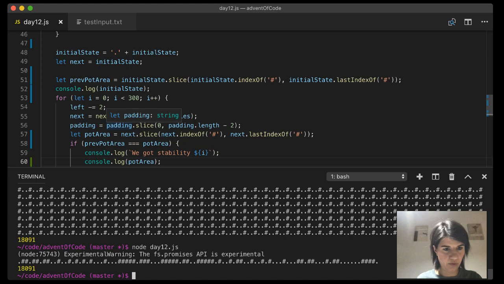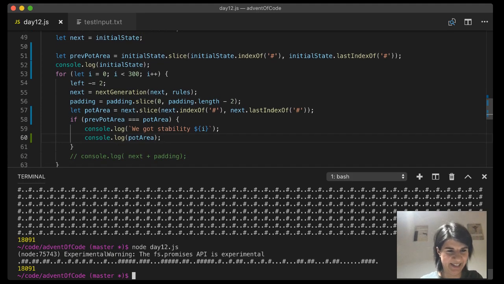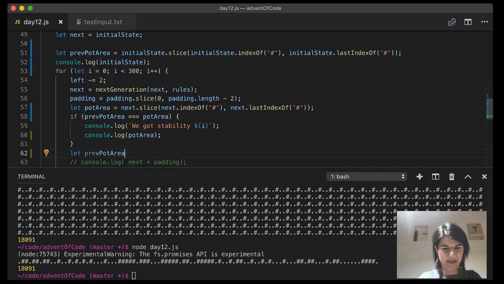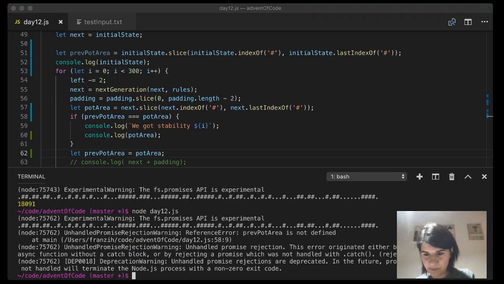So, I still don't have... Why? Oh, because I'm not resetting it, sorry. Let previous pod area equal pod area.